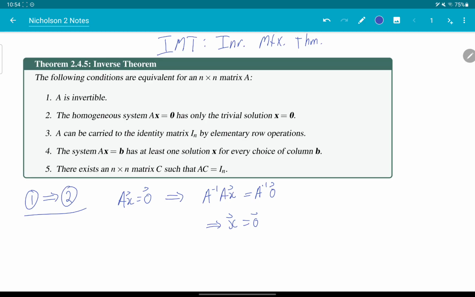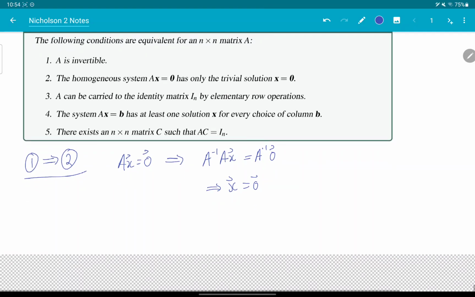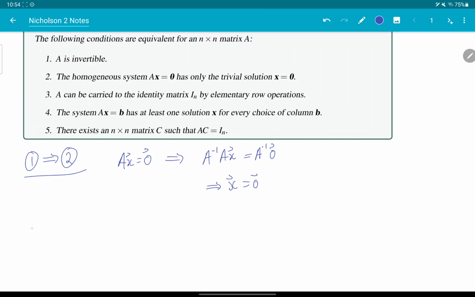Now, how about 2 implies 3? If I assume that 2 is true, how can I prove that 3 is true? Well, if Ax equals 0 has only the trivial solution, let's just assume 3 by 3.